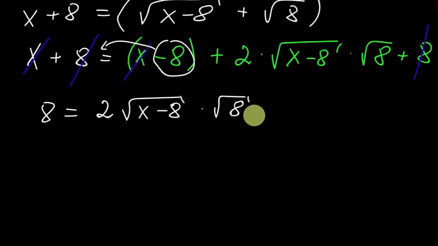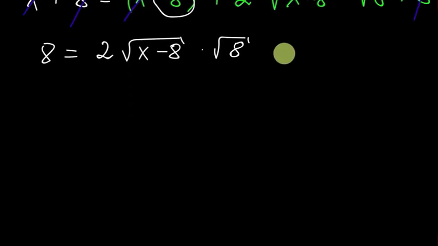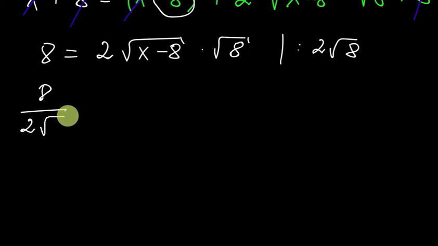Now let's divide both sides by 2 square roots of 8. This will give us that 8 divided by 2 square roots of 8 is the square root of x minus 8.